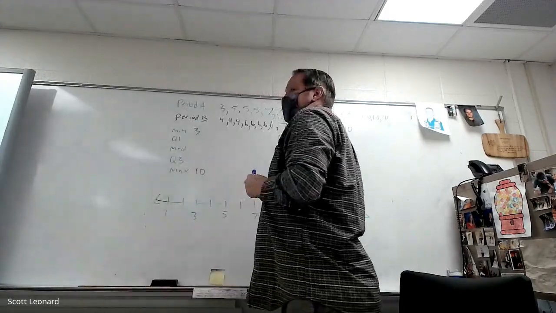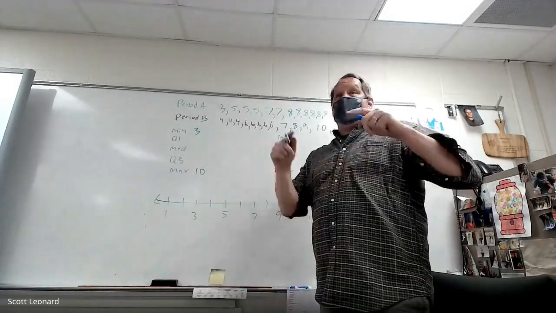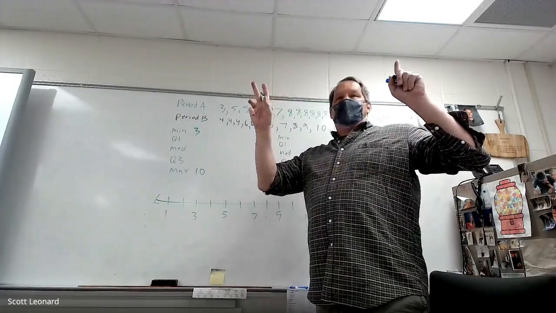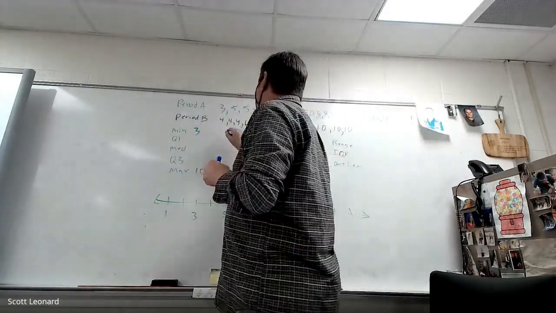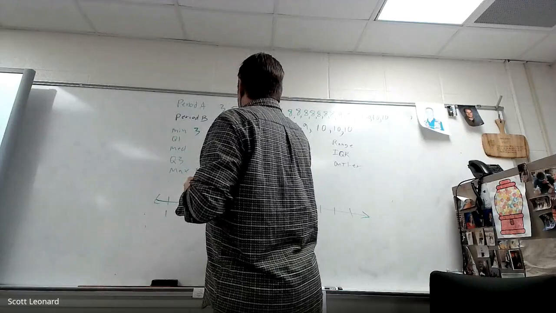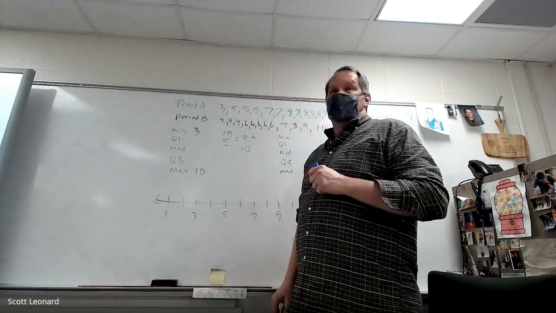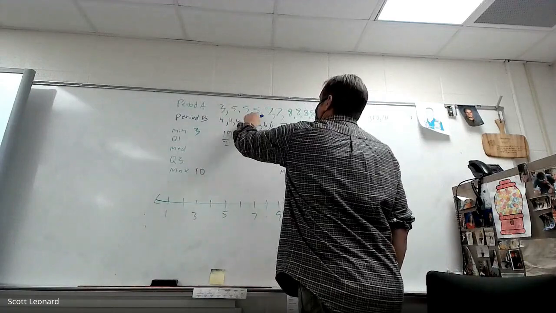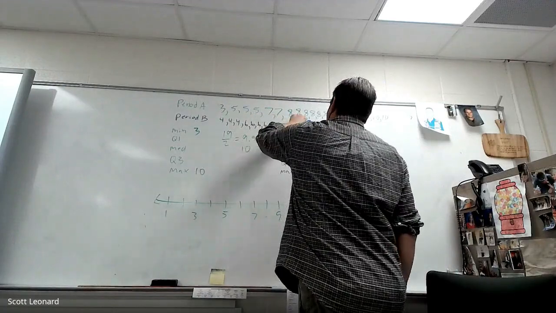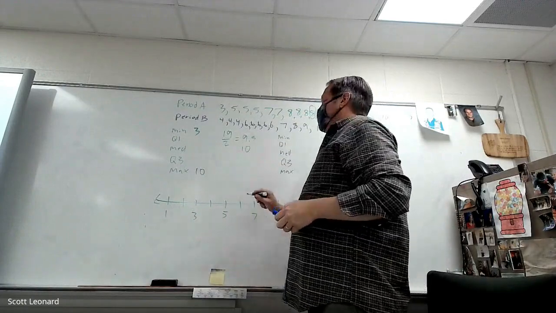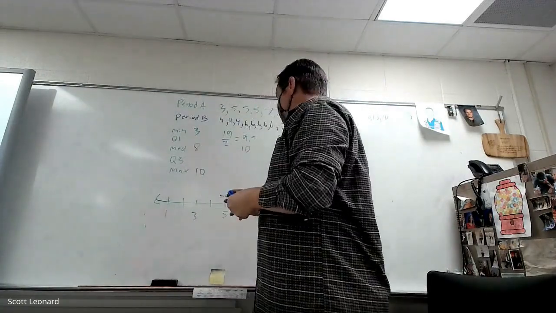If I got 19 numbers, which number is the middle one out of the 1 to 19? It'd be the 10th number. 19 divided by 2 is 9.5. We round up to the next whole number, 10. So I'm counting 10 numbers in: 1, 2, 3, 4, 5, 6, 7, 8, 9, 10. It's this 8 right there. That's my median.